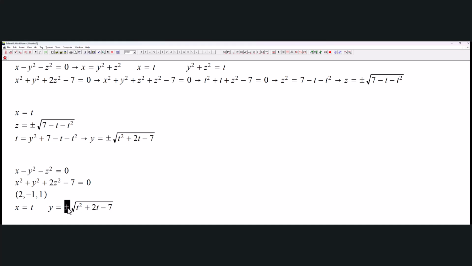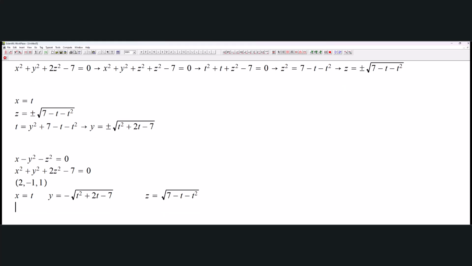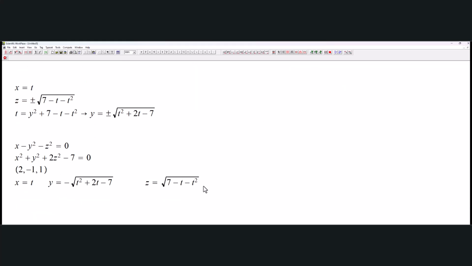So here we are going to choose the negative sign, and when we are looking at our z coordinate, you can see that it is 1 here. So we are going to use the positive value here. So this is going to be the equation of the parametric curve that passes through 2, -1, 1, and we have to find the equation of the tangent line at 2, -1, 1.